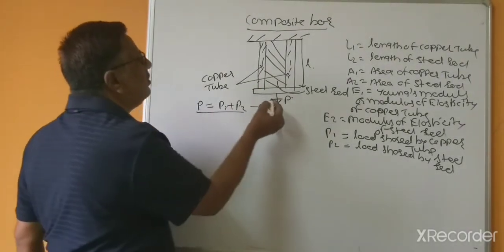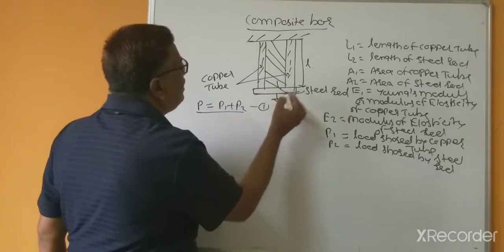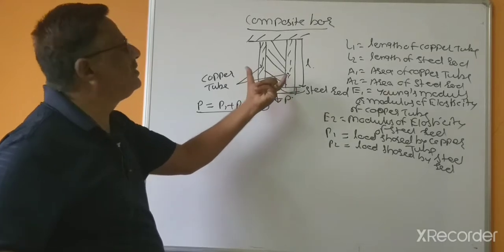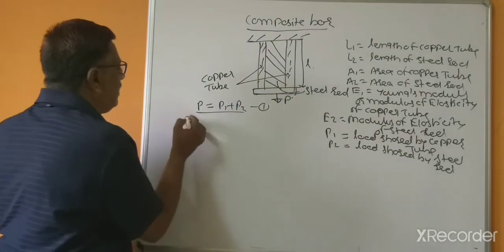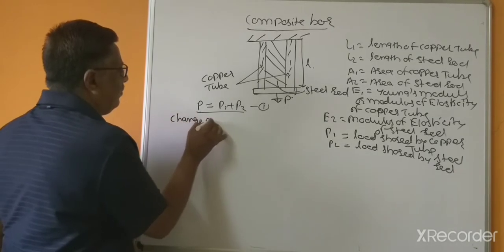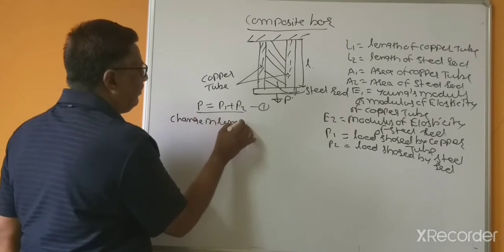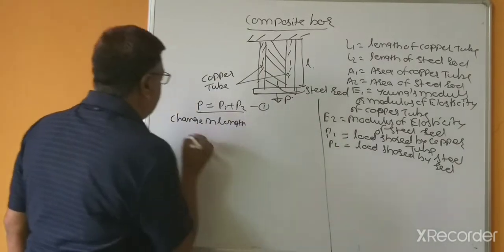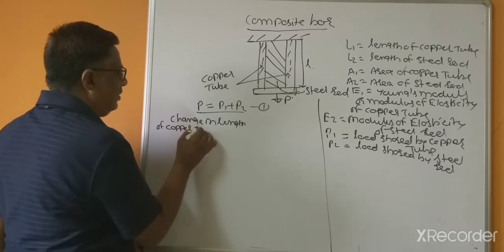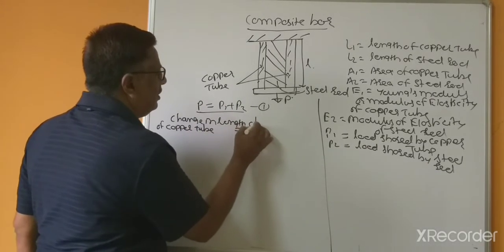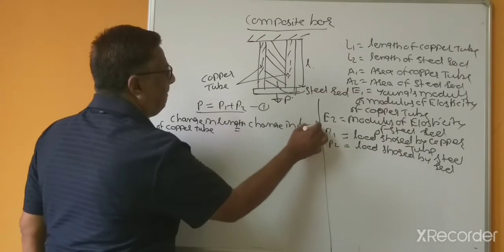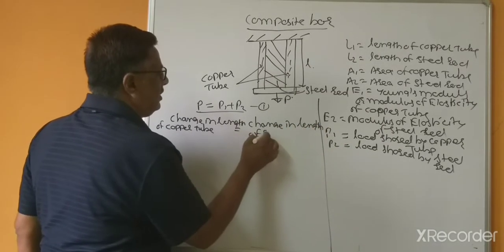Now, because of such loading, what may be the change in length of both materials? That is the same. So we can write the change in length of the copper tube equals the change in length of the steel rod.